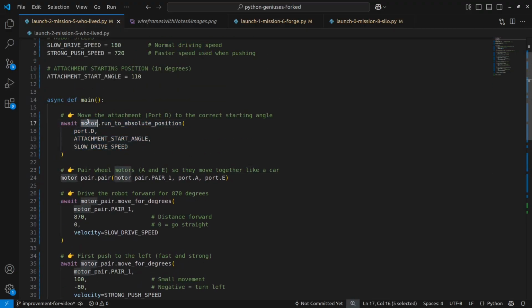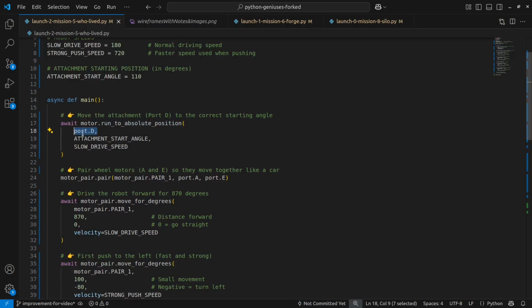So over here we are saying that the motor should run to absolute position. We can make a motor move by degrees, by centimeters, by a relative position, or we can ask it to move to an absolute position.